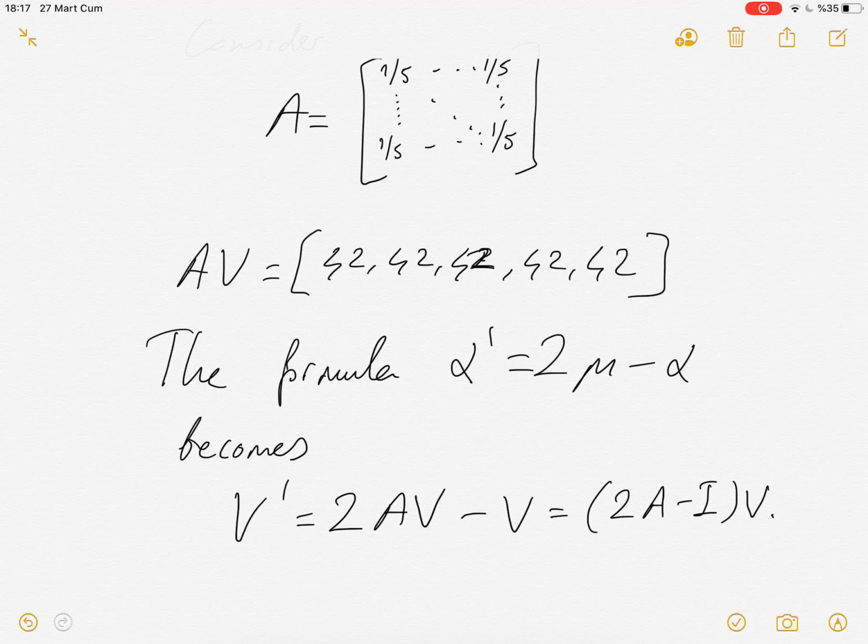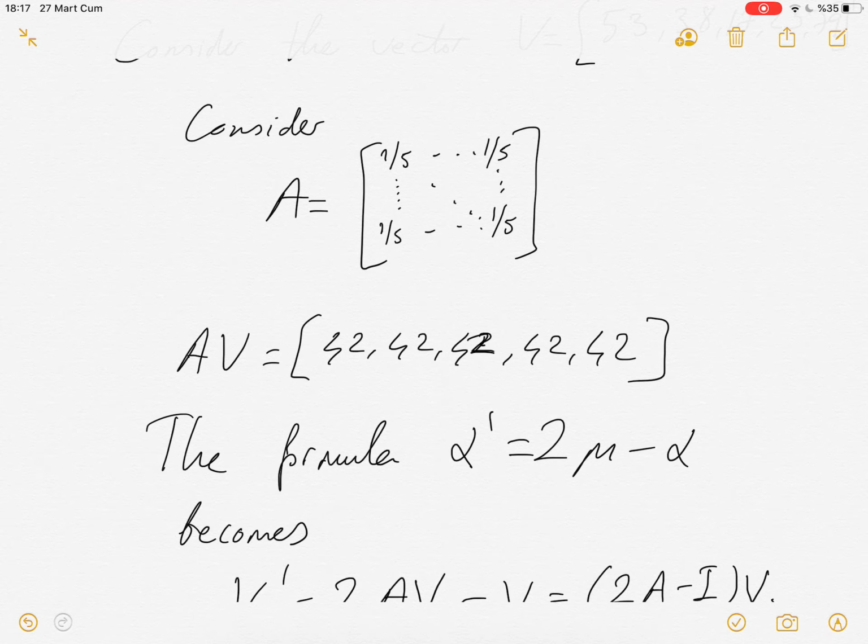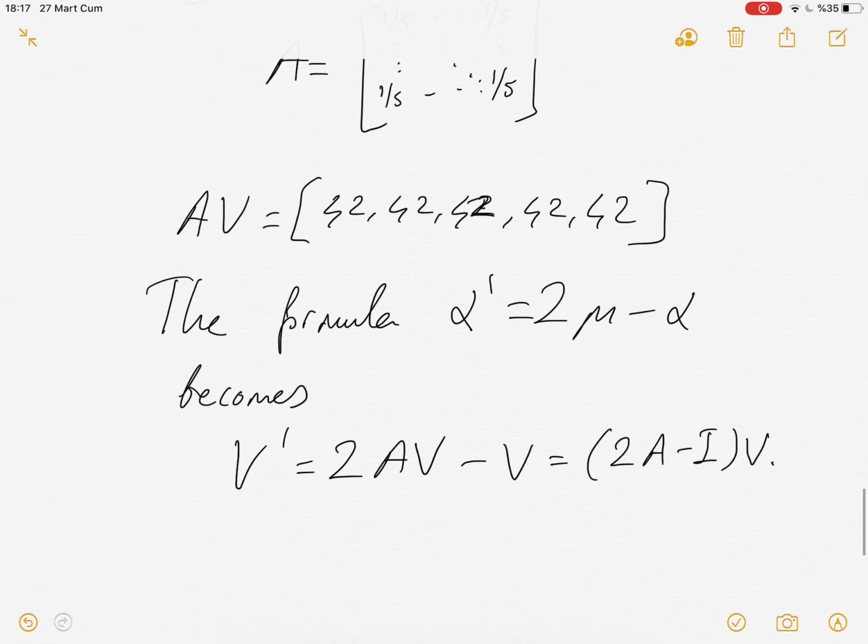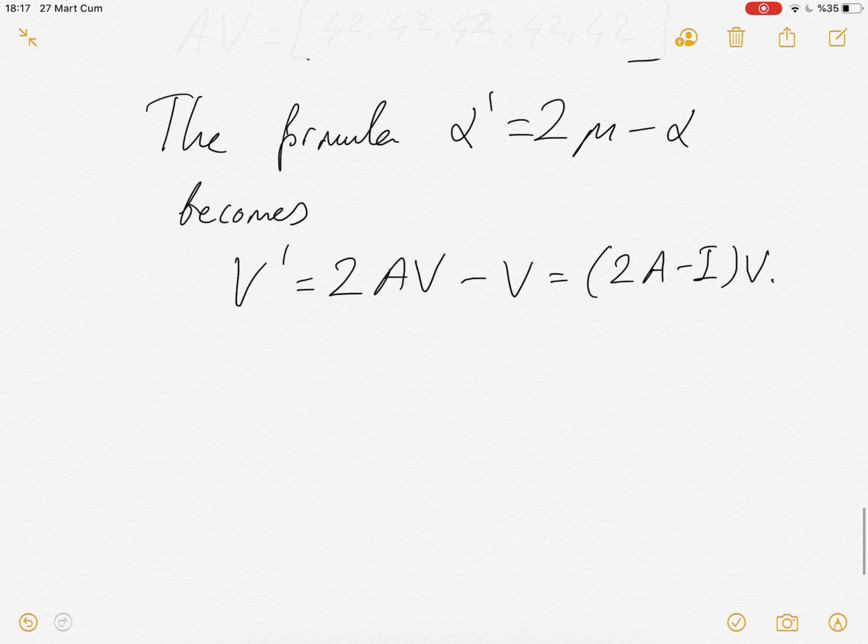Then our average matrix will be a 2 to the n by 2 to the n matrix consisting of 1 over 2 to the n as its entries.